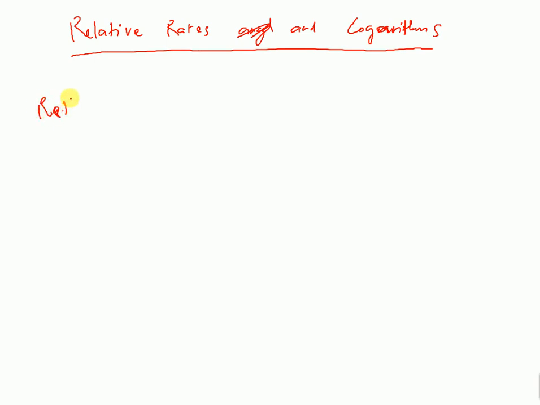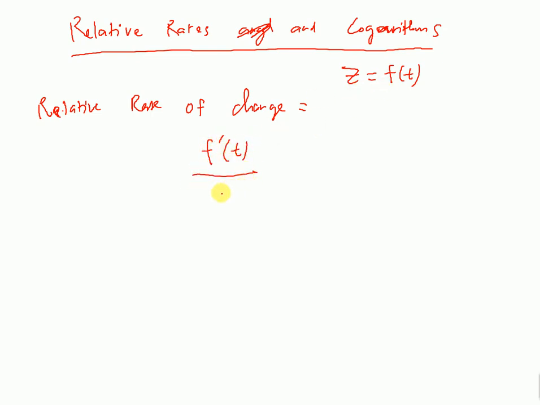By definition, for example, if I have z equals function f of t, then the relative rate of change is equal to the first derivative of the function f over the original function. Or you can say it is the ratio between your first derivative and your original function.